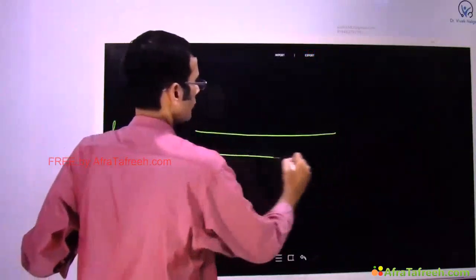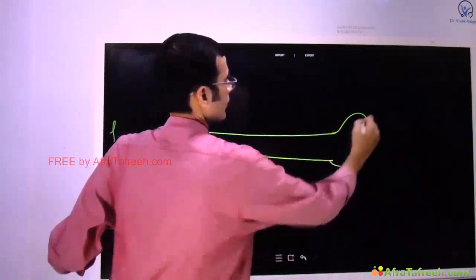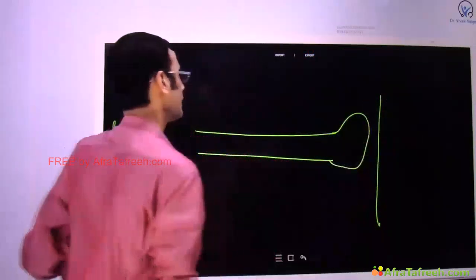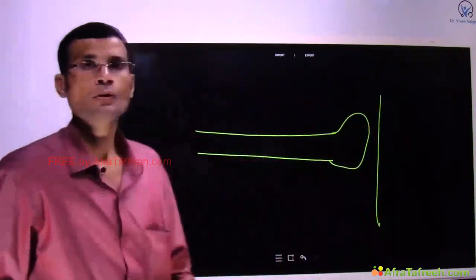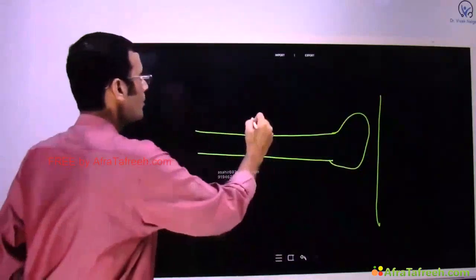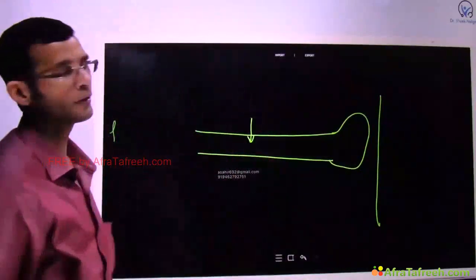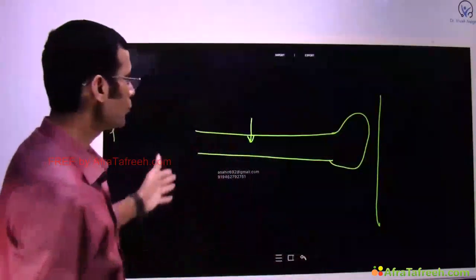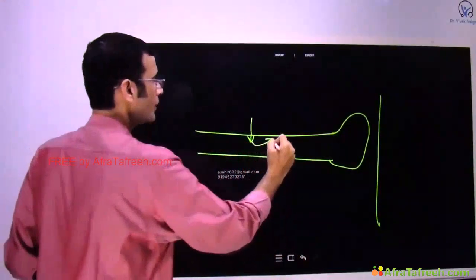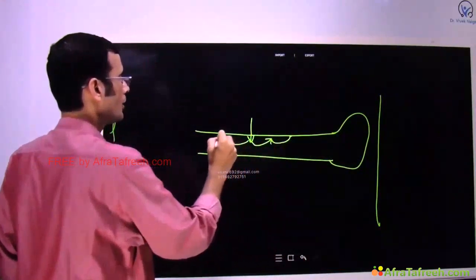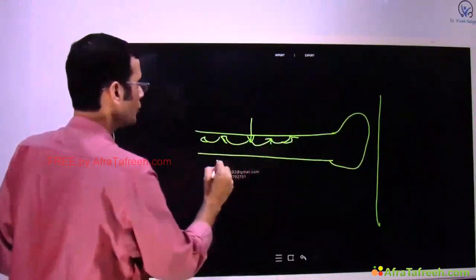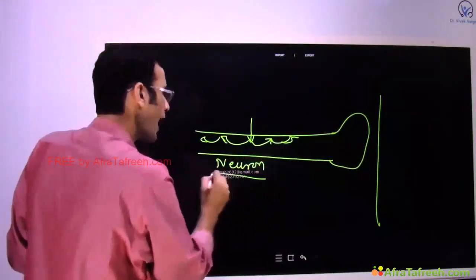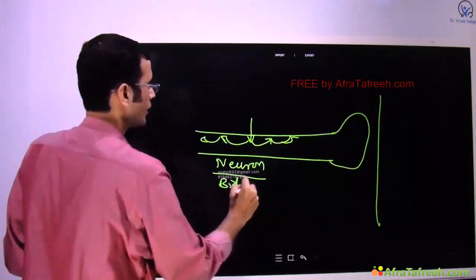Here is a neuron and it makes a synapse with another neuron. Now, if I stimulate the neuron in the middle, what do I get? The neuron can carry the impulse in either direction, in both directions. So a neuron can conduct bidirectionally.